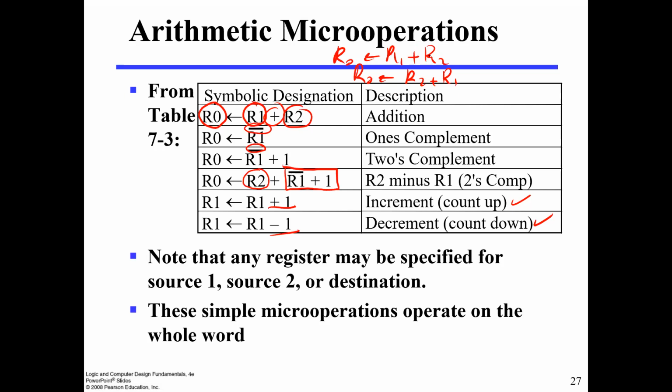The addition of the contents of these two registers will end up in R0. But it makes a difference here in the hardware. When you implement this operation, you need to decide what is source 1 and what is source 2.